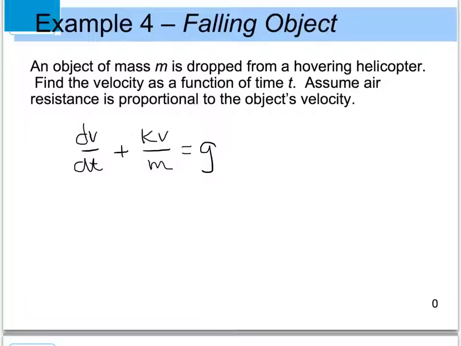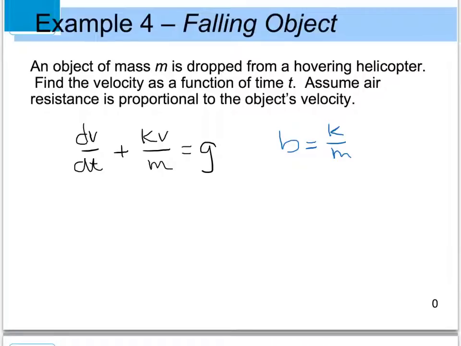Since k and the mass are not going to change, I'm going to take an arbitrary letter, b, and set that equal to k over m. This will make it easier to use the method of separation of variables.